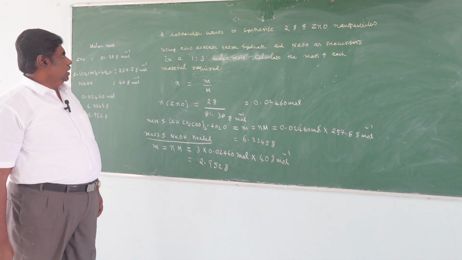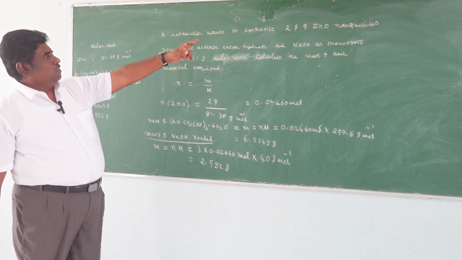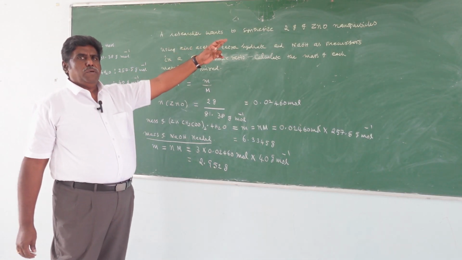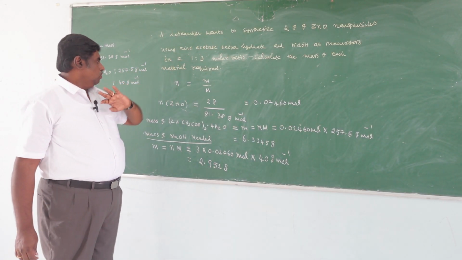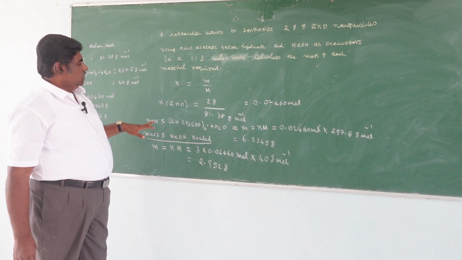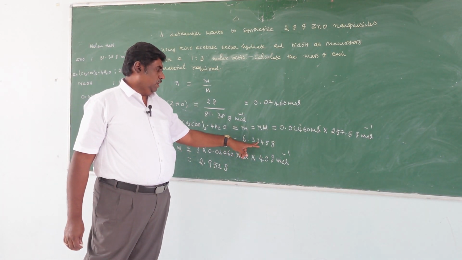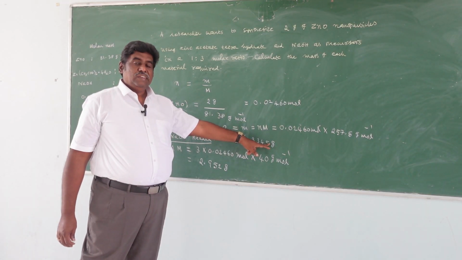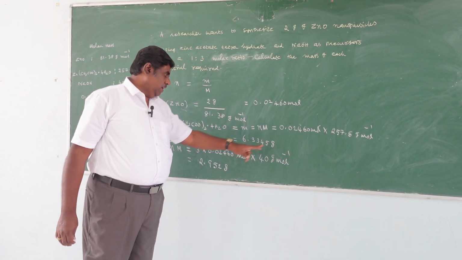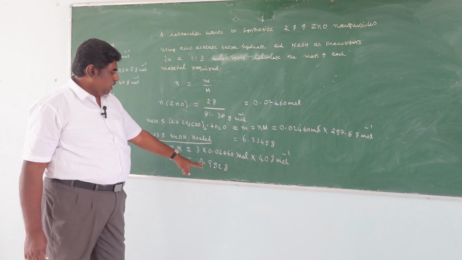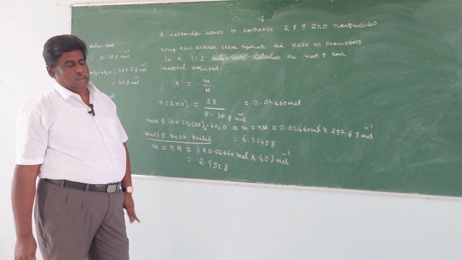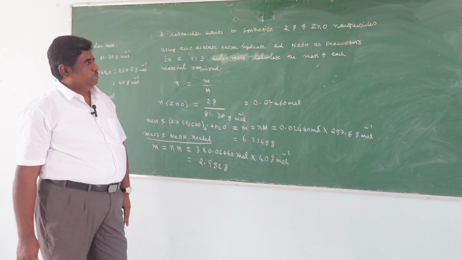Therefore, we may conclude that in order to harvest 2 gram of ZnO, the researcher has to use 6.3345 gram of zinc acetate tetrahydrate and 2.952 gram of sodium hydroxide.